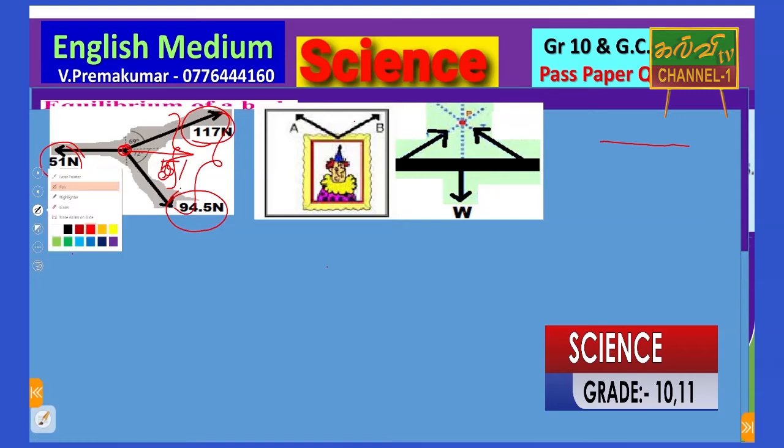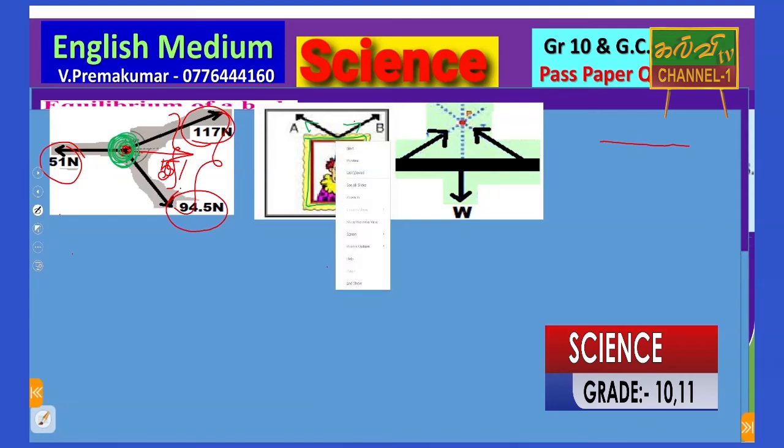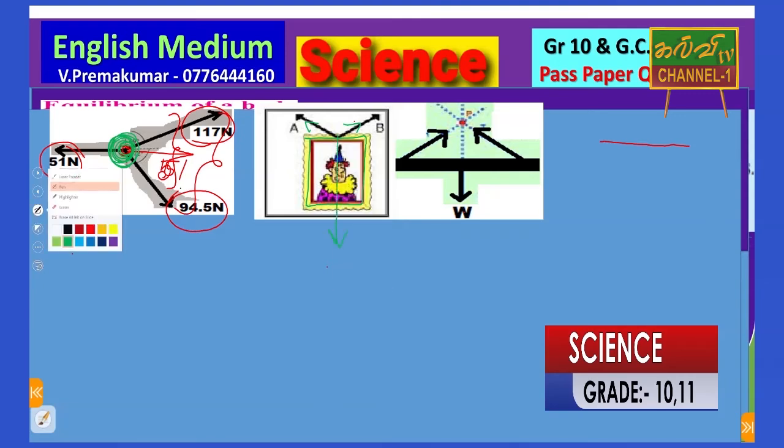But in the diagram here, see that the frame is under two forces, and the third force is here.